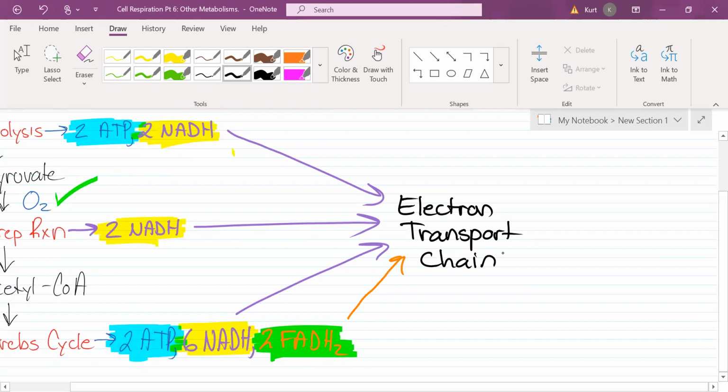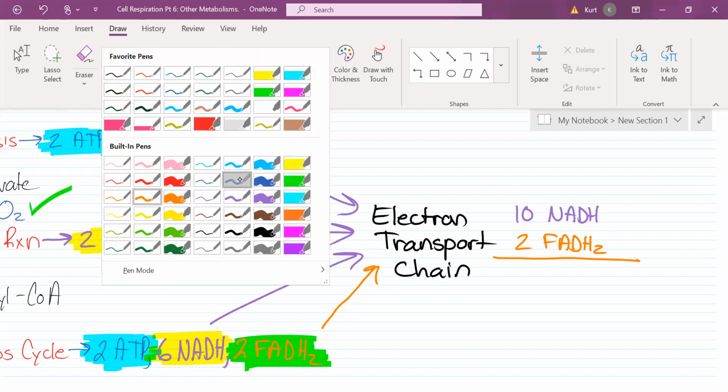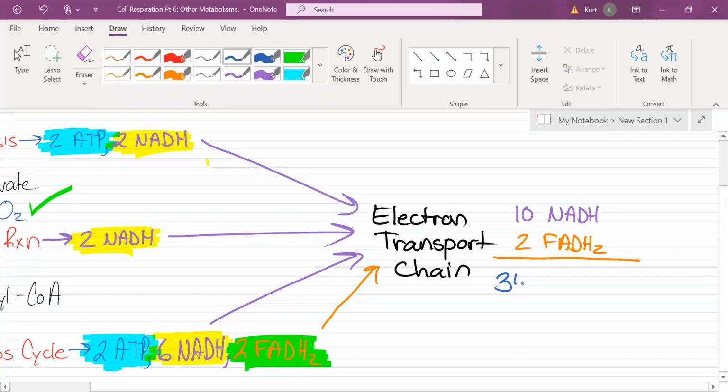In the electron transport chain, by now, you have a total of 10 NADH and 2 FADH2. This is going to result in, ready? 34 ATP molecules.